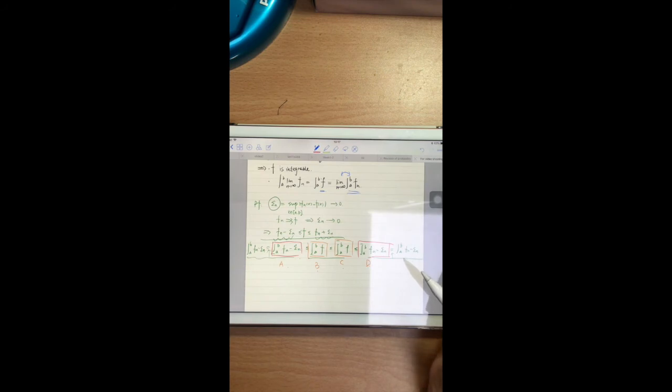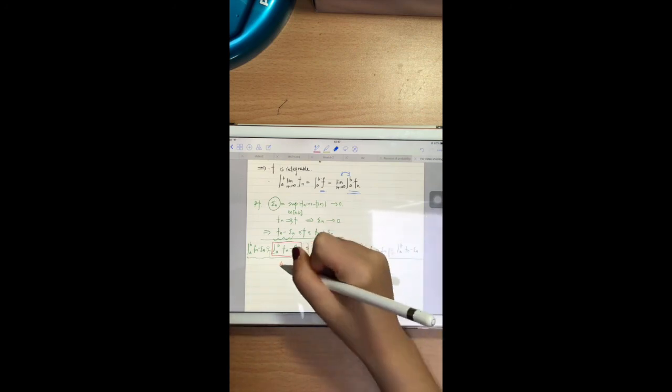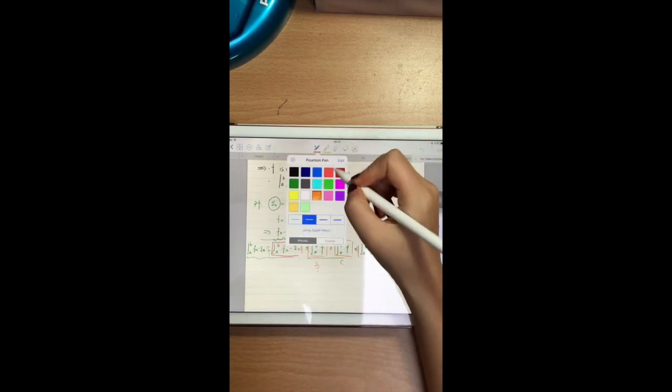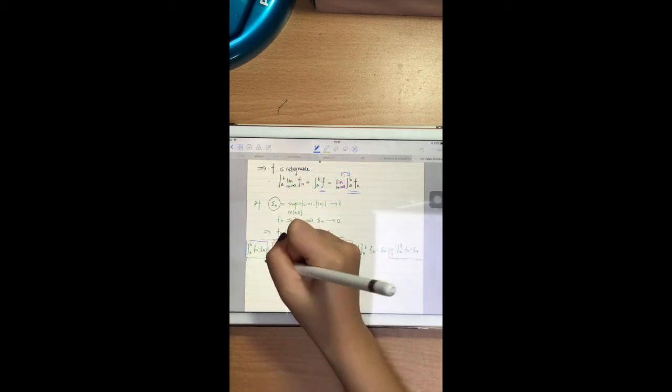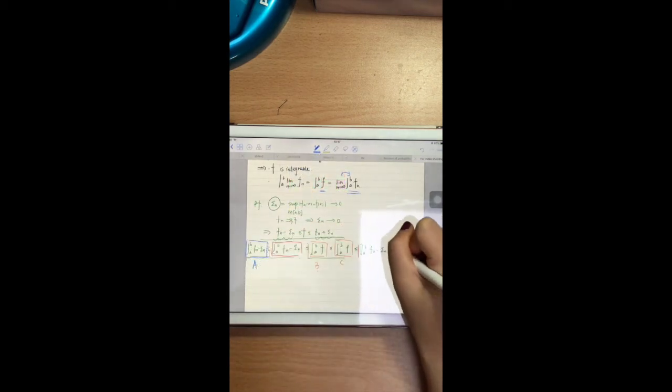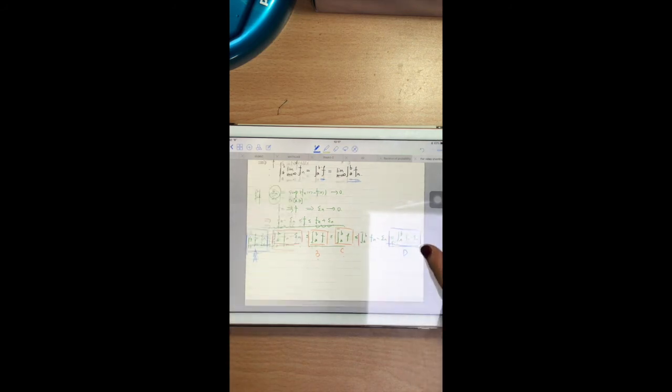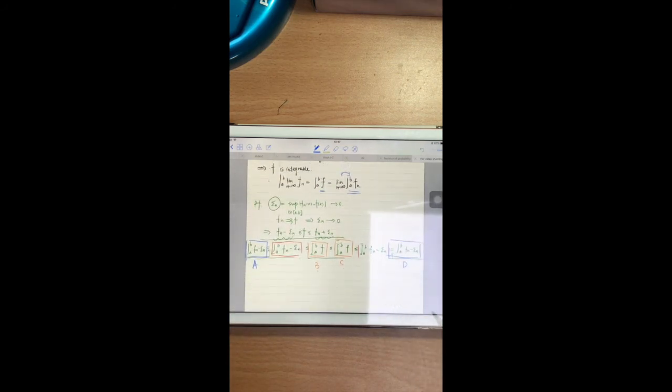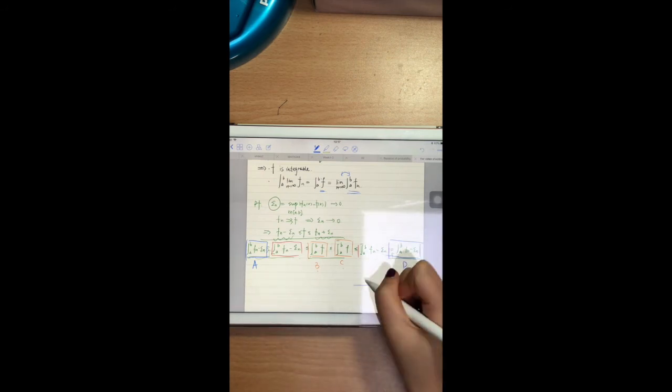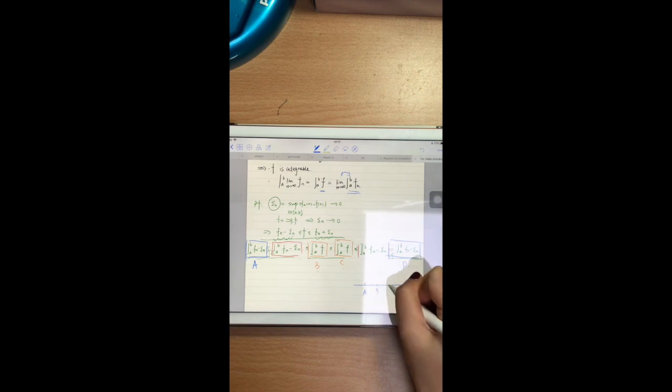Can you see it? I'm sorry, I labeled the wrong a and d. So this should be a, and this should be d, but the inequality is the same. d minus a is larger than c minus b, right? Because the distance between b and c is definitely smaller than the distance between a and d.